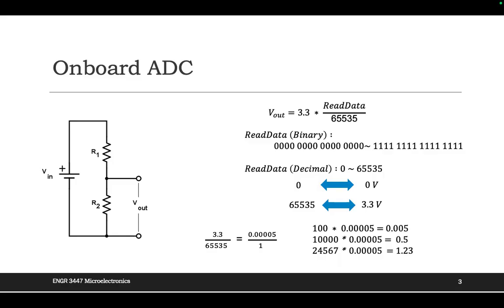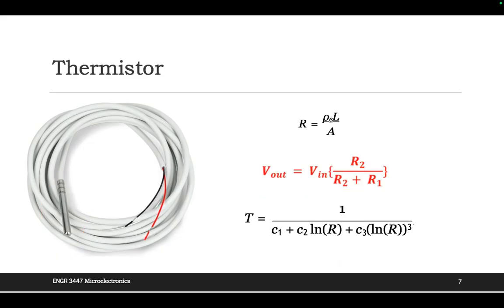For the thermistor, there are some equations. This is the equation for how the resistance changes for the thermistor. Here rho is the electrical resistivity of the wire, which changes with the temperature, L is the length of the cable, and A is the cross-sectional area for a given resistance of our thermistor.